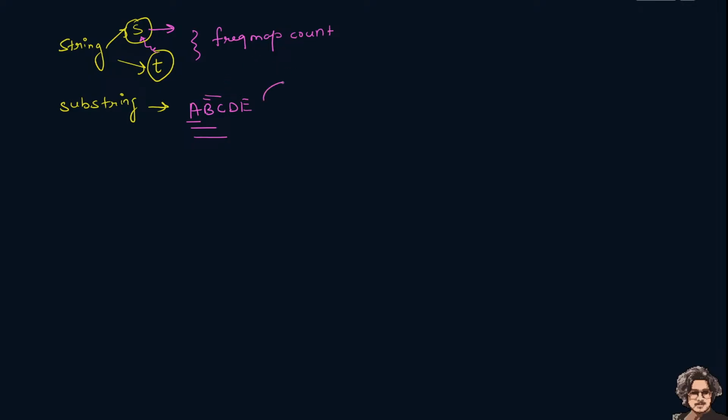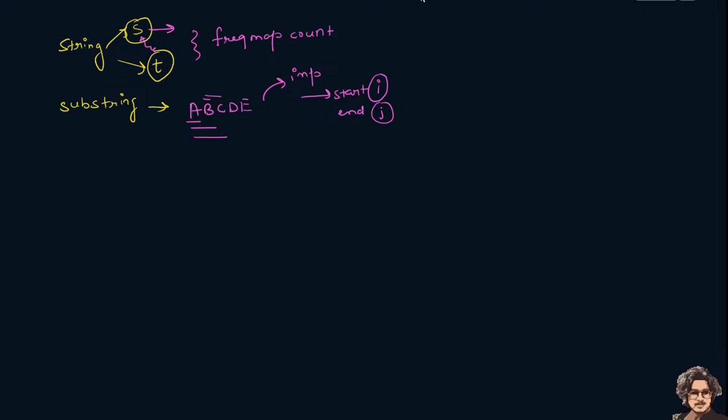For finding substrings, forgetting time complexity for now, two important things are the starting index, that is I, and the ending index, that is J.